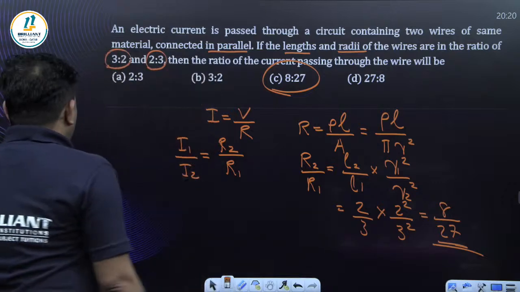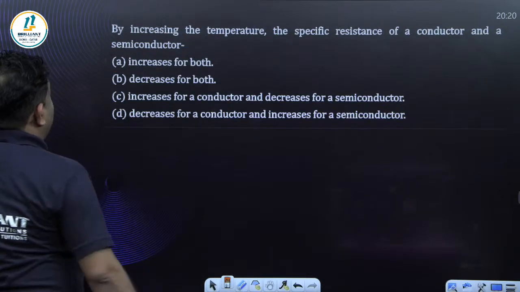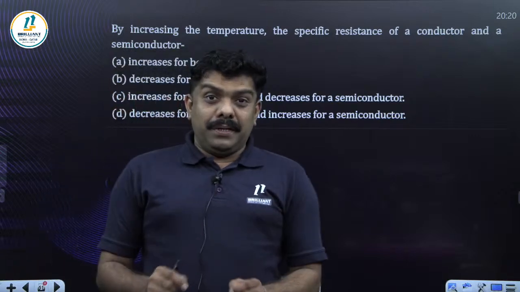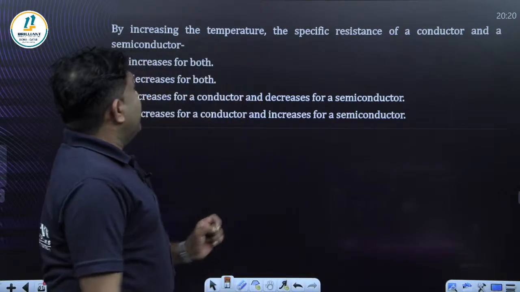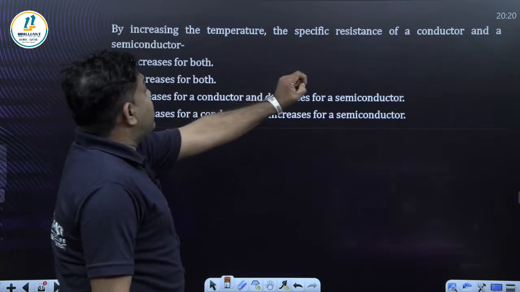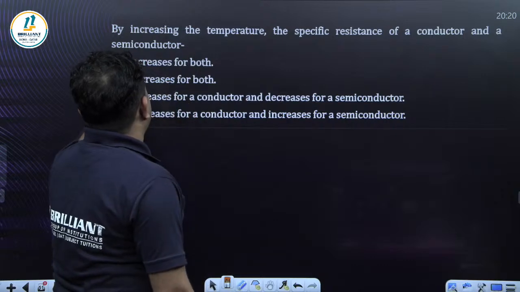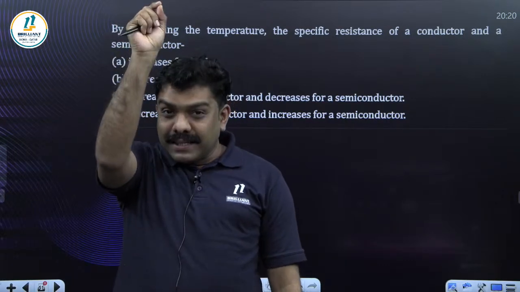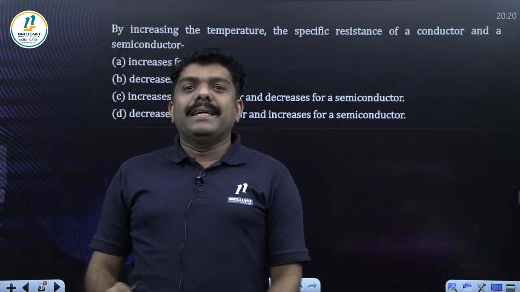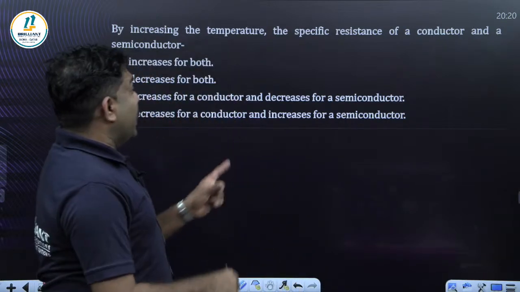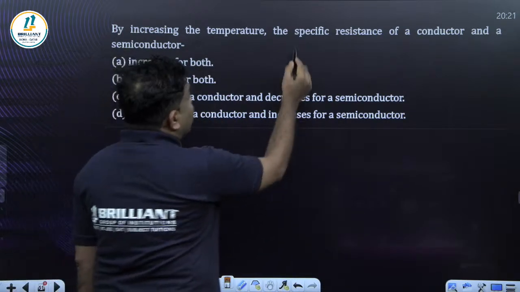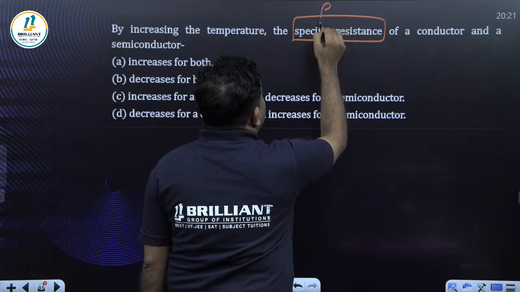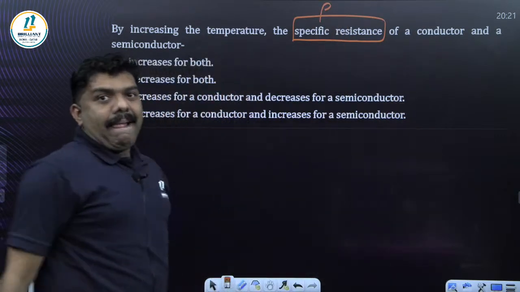So now we are trying the next question. Now look. By increasing the temperature, the specific resistance of a conductor and a semiconductor: same question as before. They asked in terms of a graph, and here it is clearly by a statement. What is specific resistance? Dear students, specific resistance is resistivity.